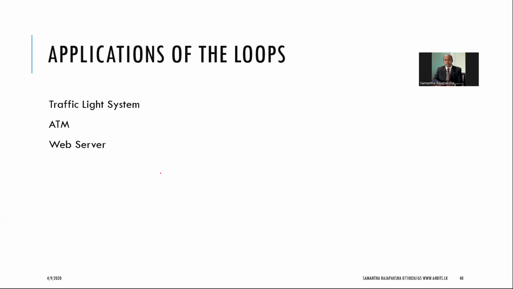And most of the web servers where websites are hosted are running continuously without stopping. Therefore, to implement the code for these projects, remember we need to have loops. These are the applications of loops. Just keep that in mind.